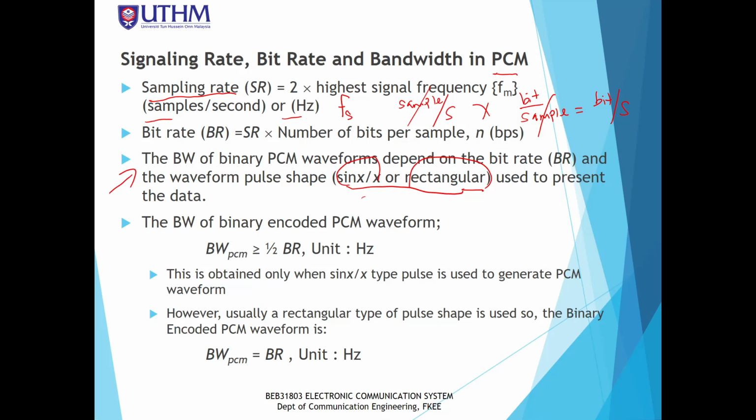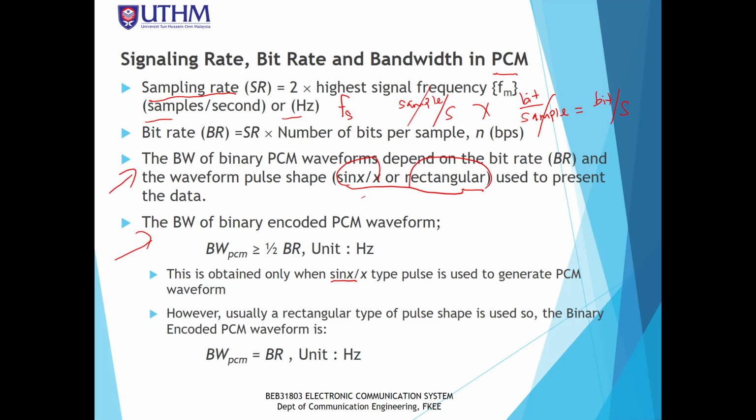Okay. So for example here, if we use a sinc function for the pulse train during the sampling process, that means we are going to produce the bandwidth after the encoding process.